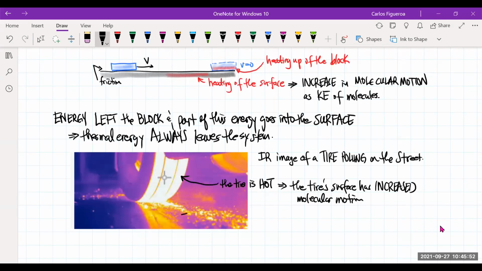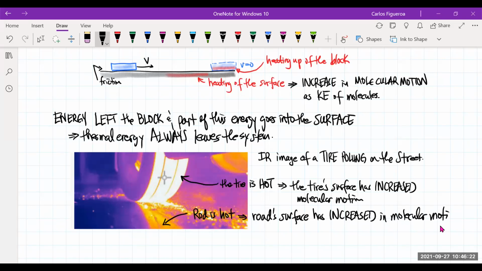And then where it's orange, the road is hot. That means the road's surface has increased molecular motion. And that's the picture that I'm trying to draw up here.